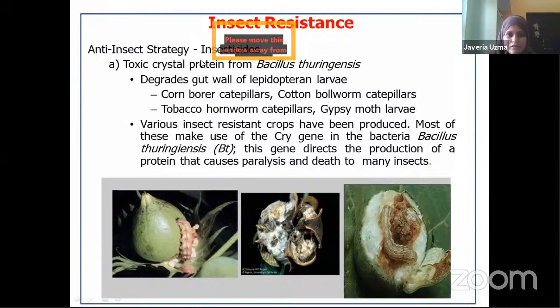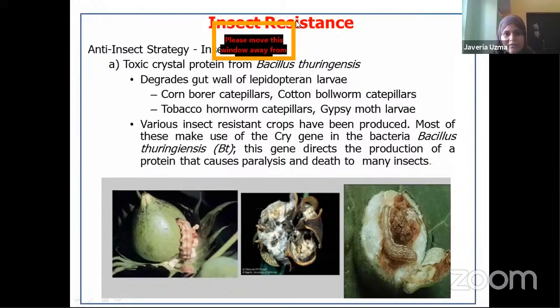So whenever this toxic crystal protein is synthesized in this fruit, and an insect attacks it, the caterpillar of that insect attacks, this cry protein will enter the metabolism of this insect, the gut of this insect. When it enters, it will damage the gut of this insect, and this insect will die. So this plant is automatically creating its own insecticide.